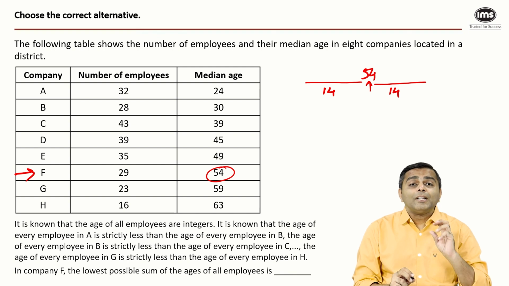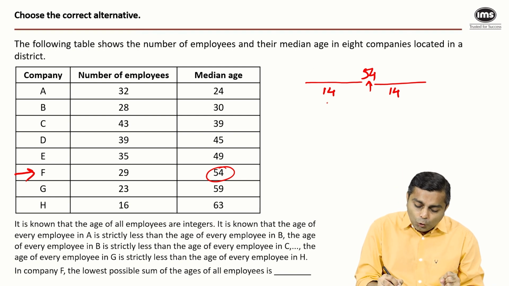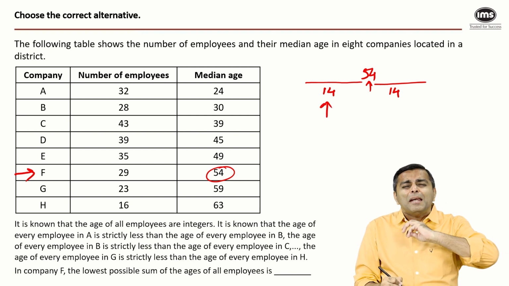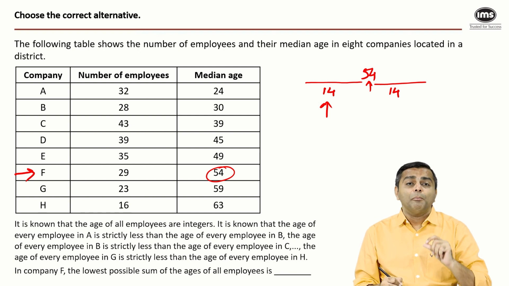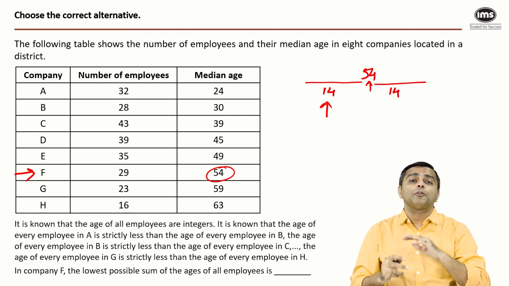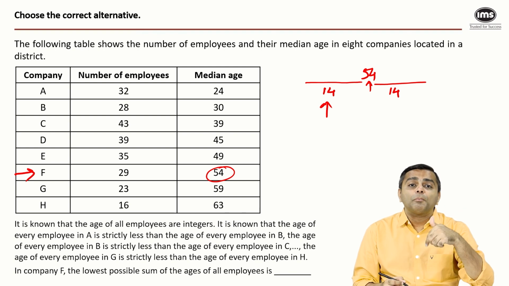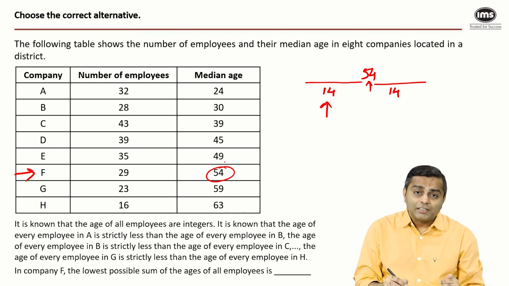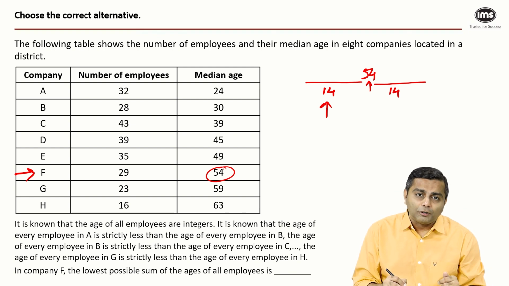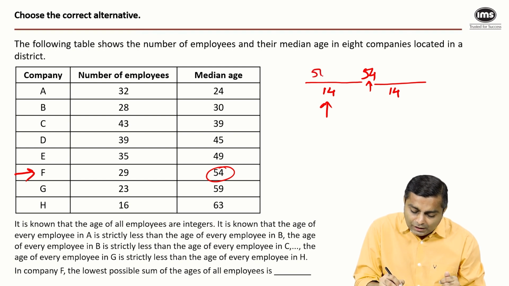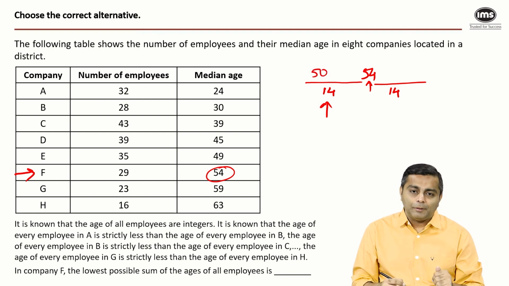Now, to minimize this group, what is the minimum possible age in company F? The minimum possible age of company F, you understand, is one more than the median of the previous group, right? The median of the previous group is 49, which means here the minimum age is going to be 50 for all these people.